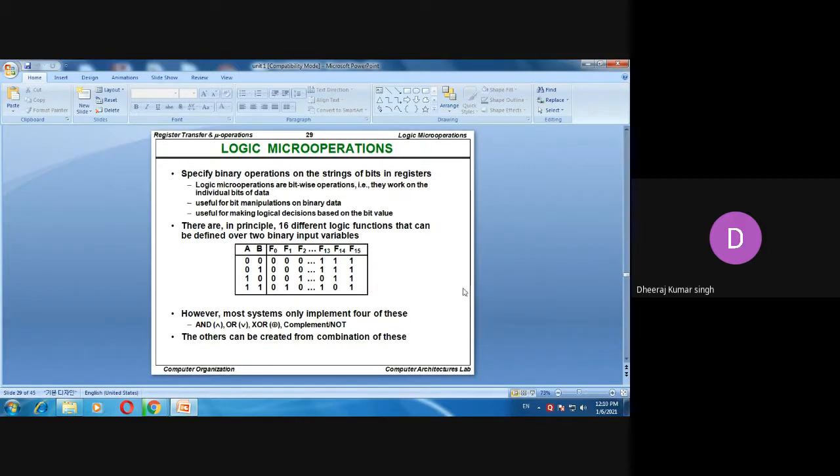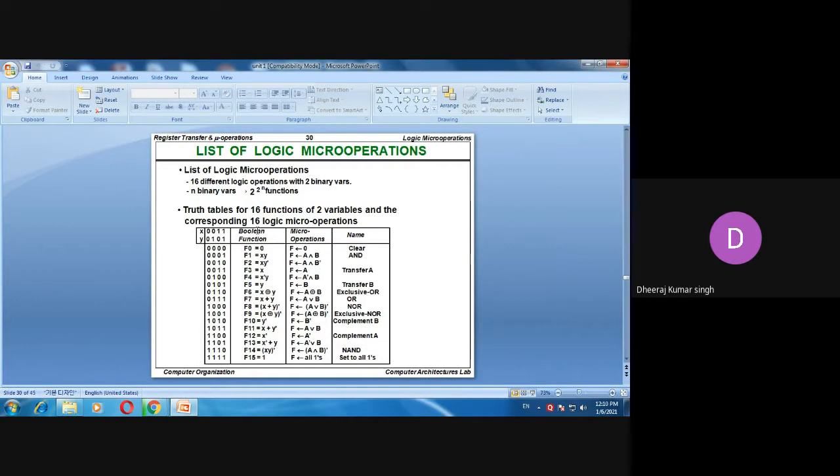So what is the total number of operations performed when we take the case of two binary variables? We are writing the list of logic micro operations. A total of 16 different logic operations with two binary variables are there.